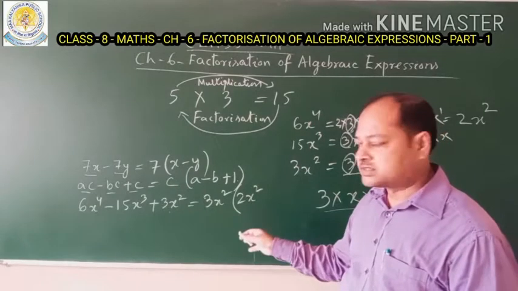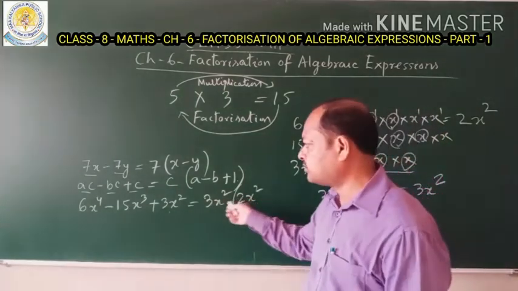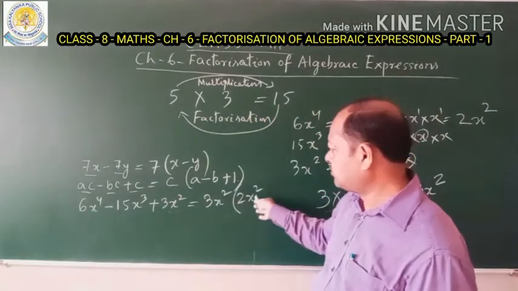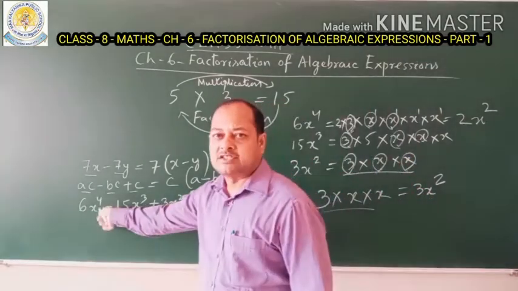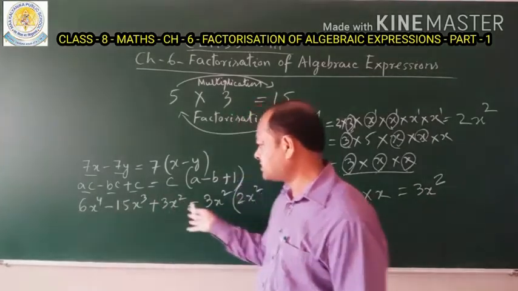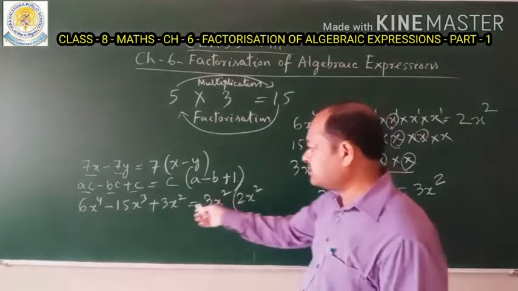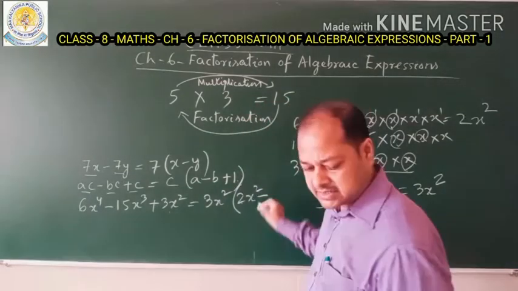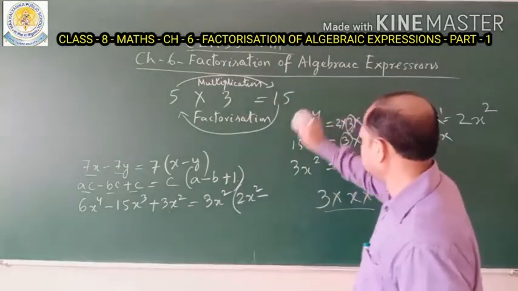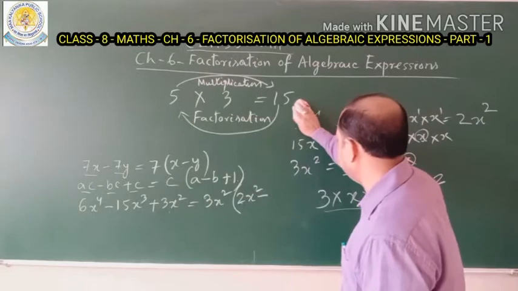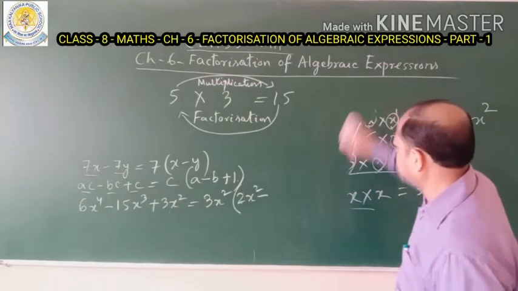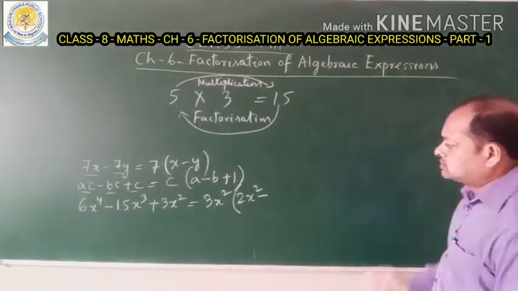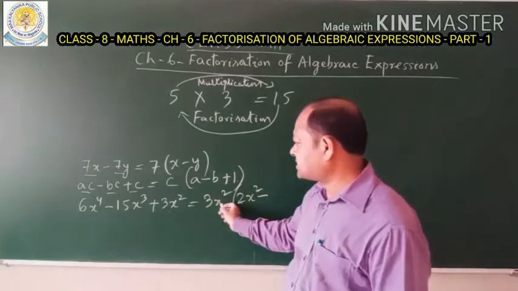Alternatively, in the reverse process, if you multiply 3 into 2, we are getting 6 here. And if you multiply x square with x square, we are getting x to the power 4 here, which is the same as this term. Now which sign is there? Minus sign. Right here, minus sign. Then multiply the terms. So 3x square is common.